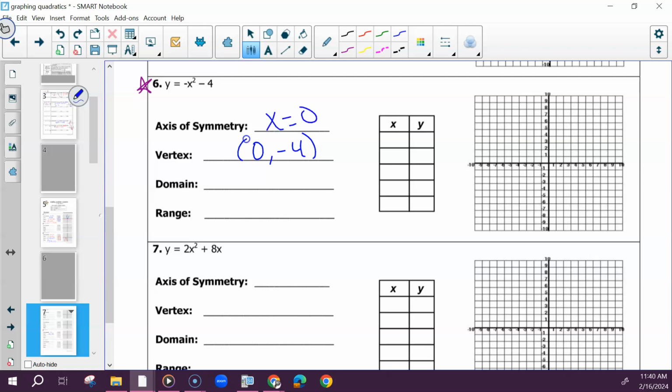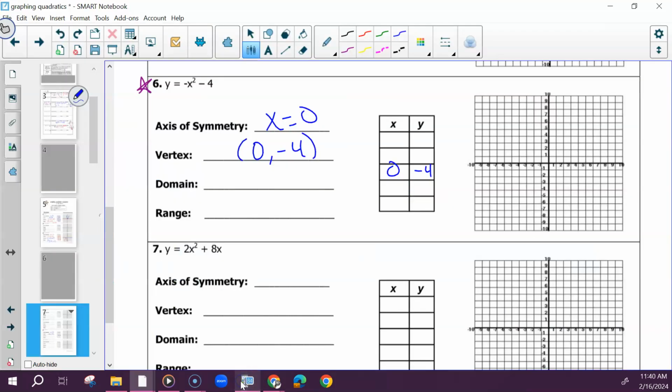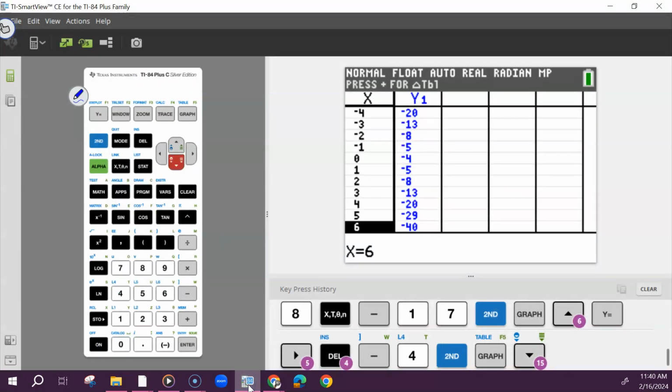I'm going to put that in the middle, 0, -4, and fill out the rest of the table. So going backwards, I know it's -1, -2, forwards, 1, 2, and then we have -5 and -8.